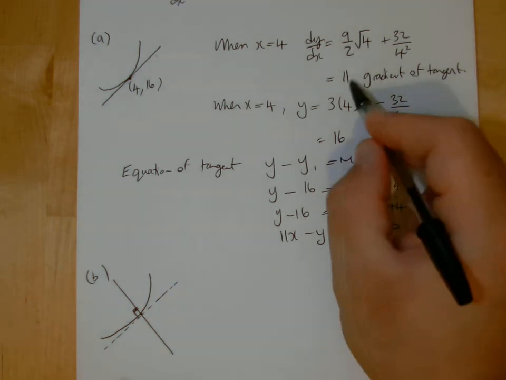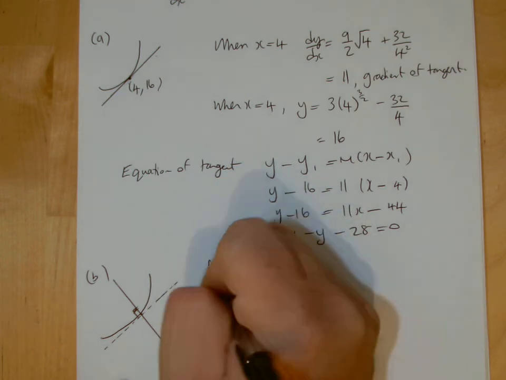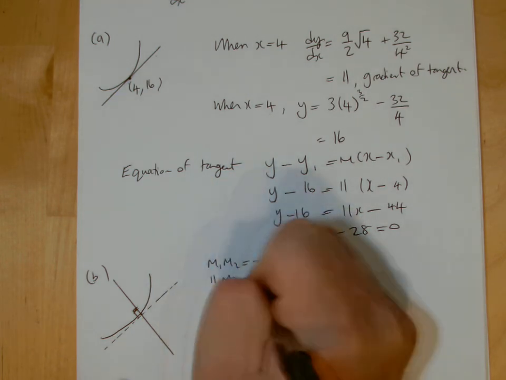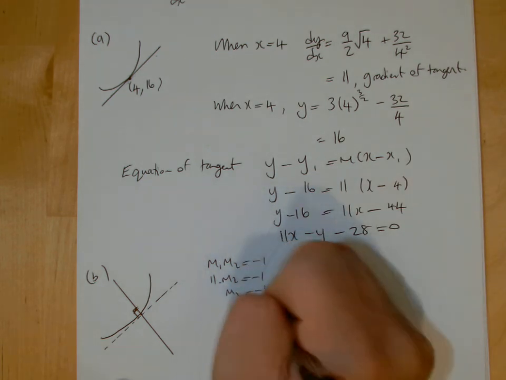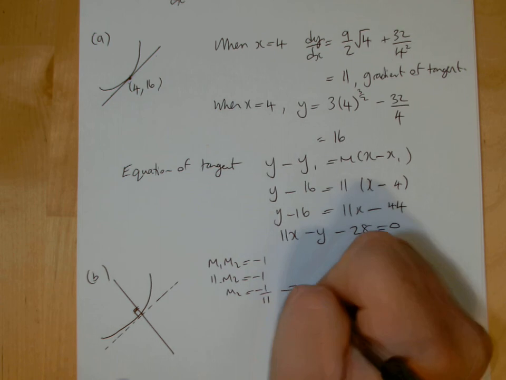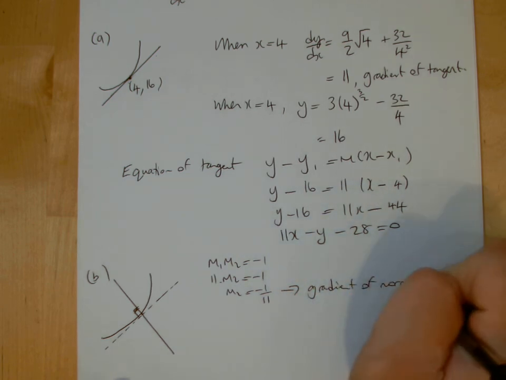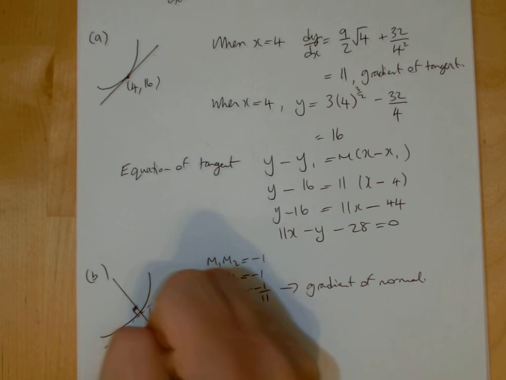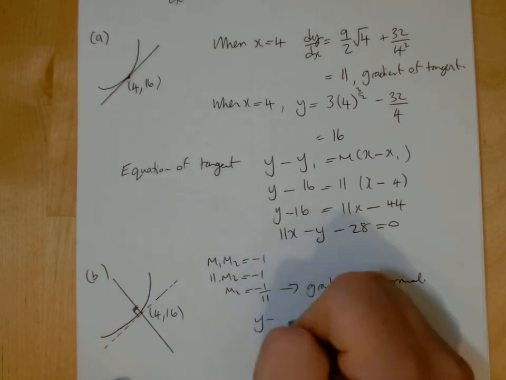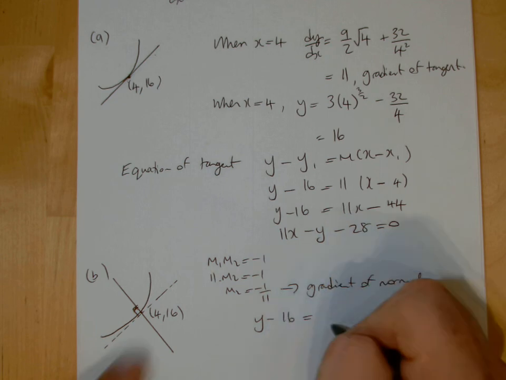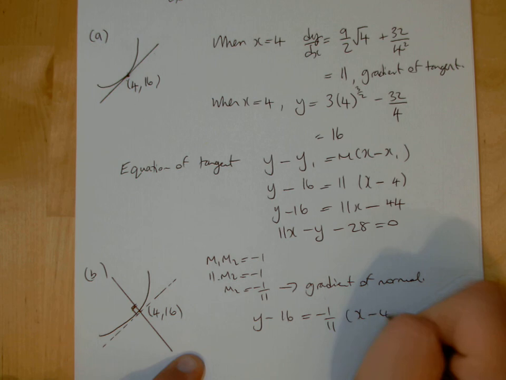So if it's perpendicular to the tangent, we just use the rule, m1 times m2 equals minus 1. So 11 is the gradient of the tangent. To get m2 you just take that 11 over, divide. So that's the gradient of the normal. Of course we know the point is (4, 16), we've already worked that out. So we'll do the equation then, y minus y1, so y minus 16 equals minus 1/11 times x minus 4.